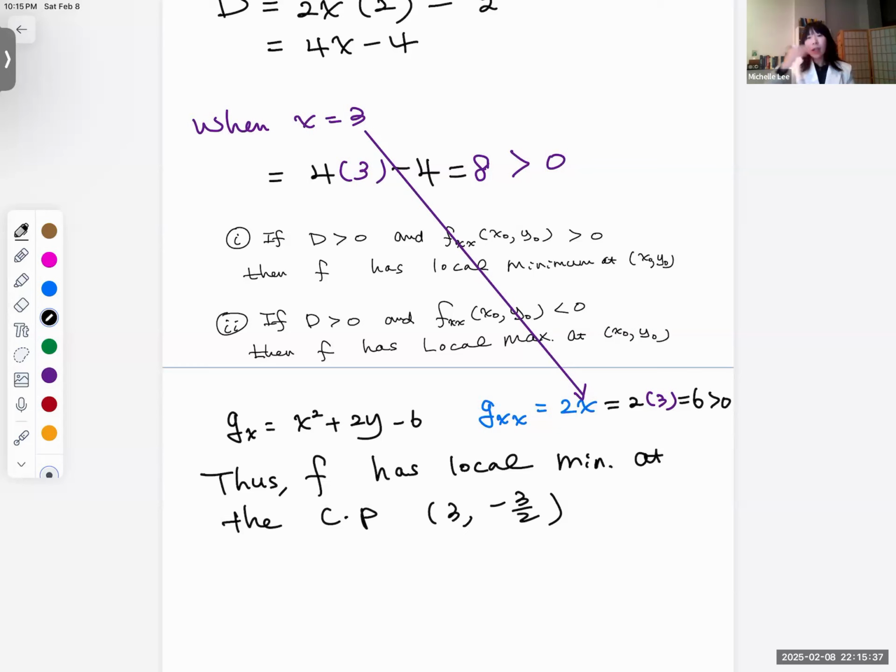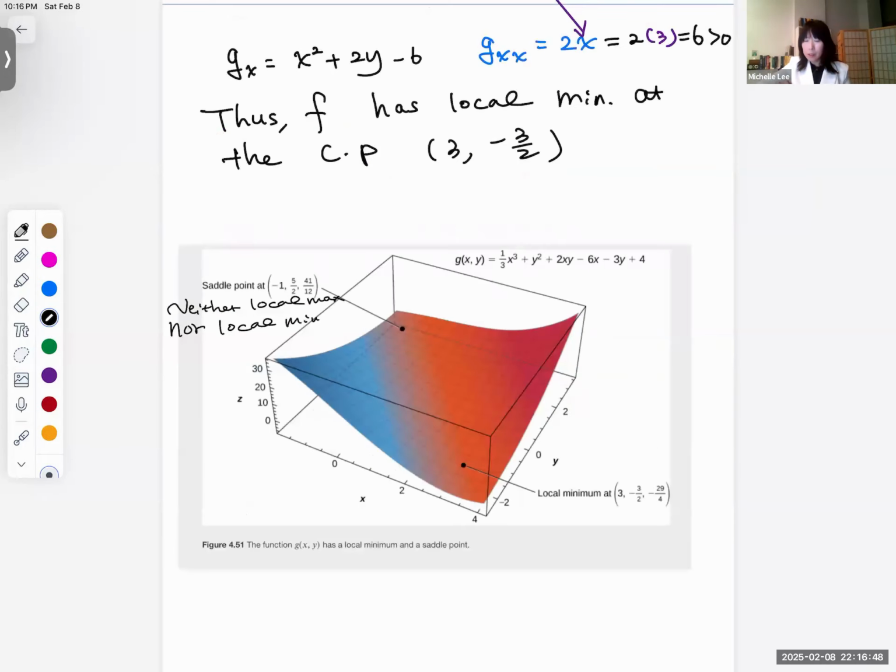All right. Okay, so basically, f has a saddle point at -1 and 5/2, and local minimum at 3 and -3/2, right? So we have a nice picture. Okay, so this is the picture. Let's take a look.